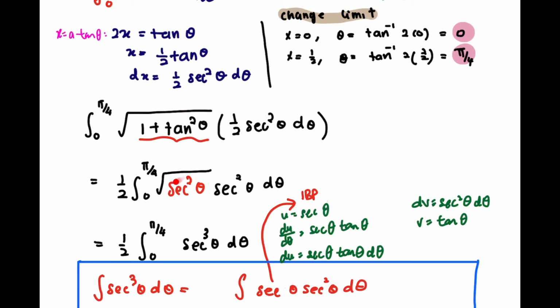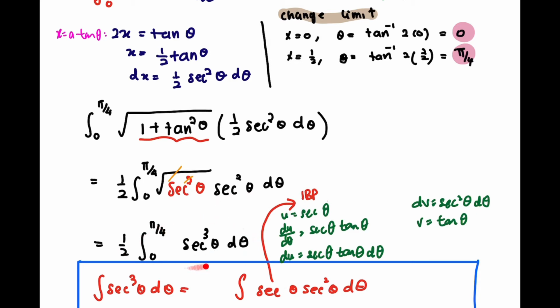This is equal to secant squared theta. So let's write here the square root of secant squared theta, and this is left with secant squared theta d theta. Now let's cancel out the square root and square here. When you multiply this, this is just 1 over 2 times the integral from 0 until pi over 4 of secant cubed theta d theta.